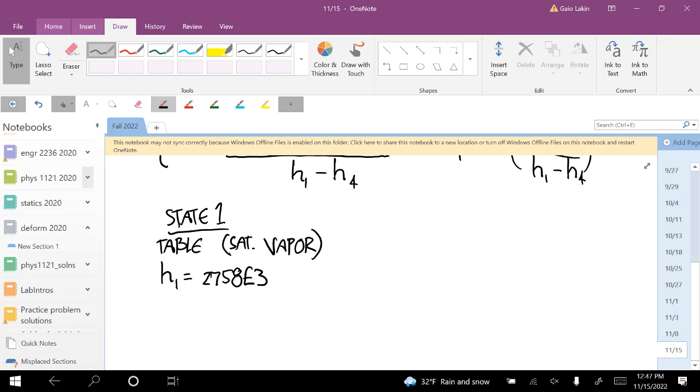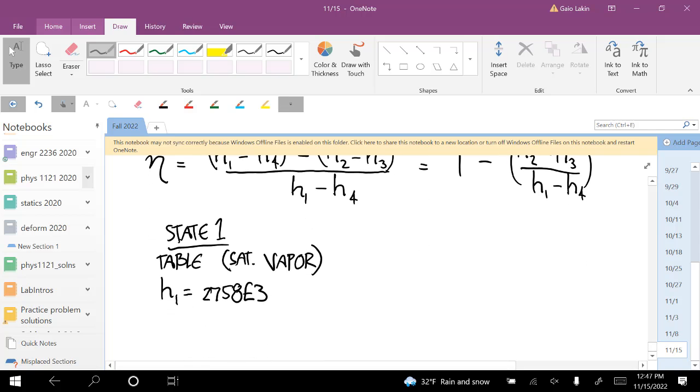Are you with me on that? Because we know that at state 2, it's a mixture at saturation. And so once we calculate what the quality is, we can use that in the table to calculate the enthalpy at state 2. Okay, so S1, we'll look that up.